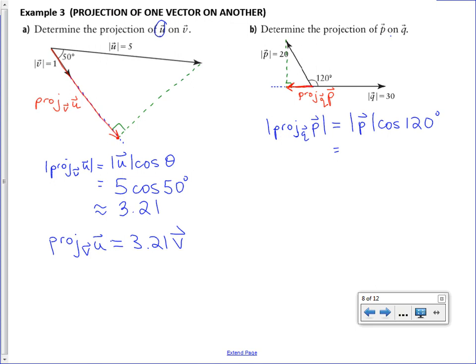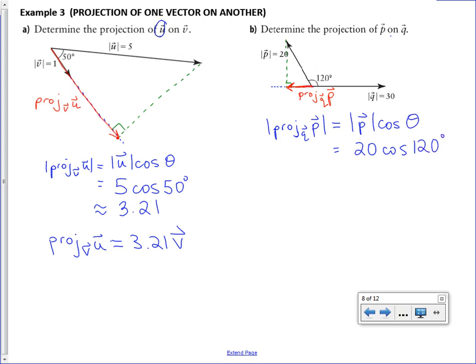Something a little interesting happens here, but we'll embrace it. So what's the magnitude? Let me just do the angle here. Magnitude of vector P cosine 120. What's the magnitude of vector P here, guys? 20. Oh, I didn't mean to do that. That's what I meant. 120.